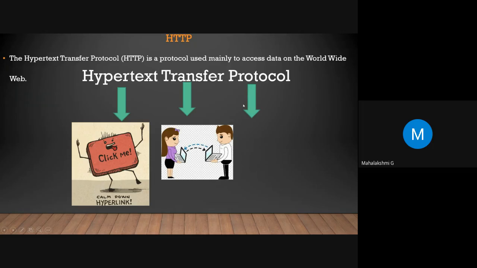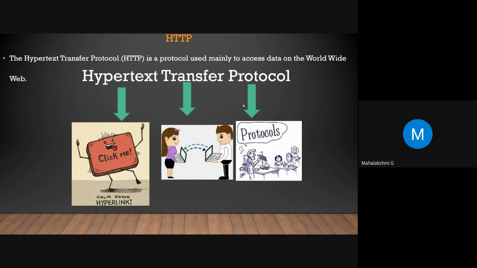We all know that a protocol is a program which is going to make an agreement between the client and the server. So it is one of the application layer protocols which is mainly used when we need to access the data in the WWW, that is World Wide Web. HTTP function is a combination of FTP and SMTP.